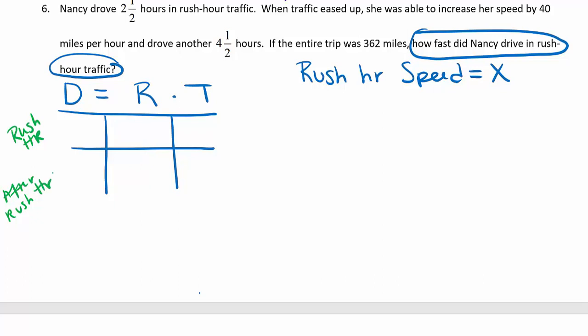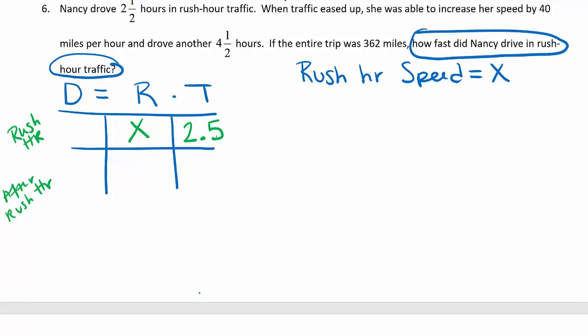Once again, I'm going to make a table to organize the information. And there's two different situations again. We have information about her driving in rush hour and then after the rush hour is over. So I'm trying to find her rate during rush hour. So that's my x. I do know the time. I know that she drove for 2.5 hours. I think I'm going to write that as 2.5 in this problem.